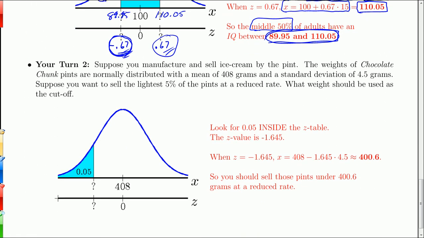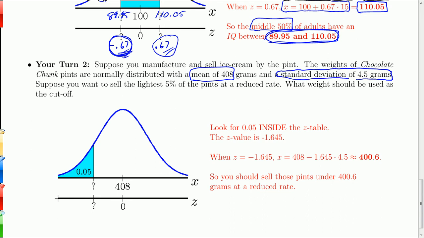In this case, you are a manufacturer of ice cream that you sell by the pint, and the weights of this chocolate chunk ice cream are normally distributed, with a mean of 408 and a standard deviation of 4.5 grams.